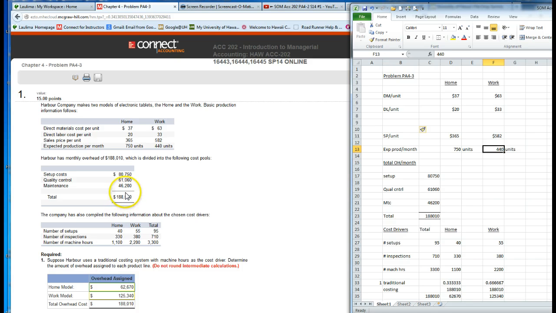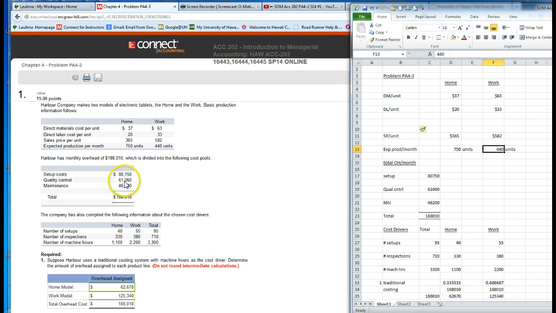Now it's important to understand that this concept, cost pools, is something new to ABC costing. We haven't used cost pools prior to studying ABC costing.